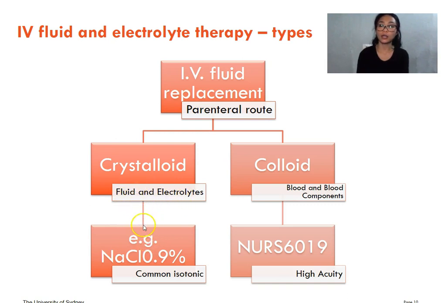The most common example is normal saline or sodium chloride 0.9%. It's the most common isotonic fluid. We also have colloids, which are blood and blood components as part of intravenous fluid replacement, and that is looked at in Nurse 6019 next year in high acuity nursing.